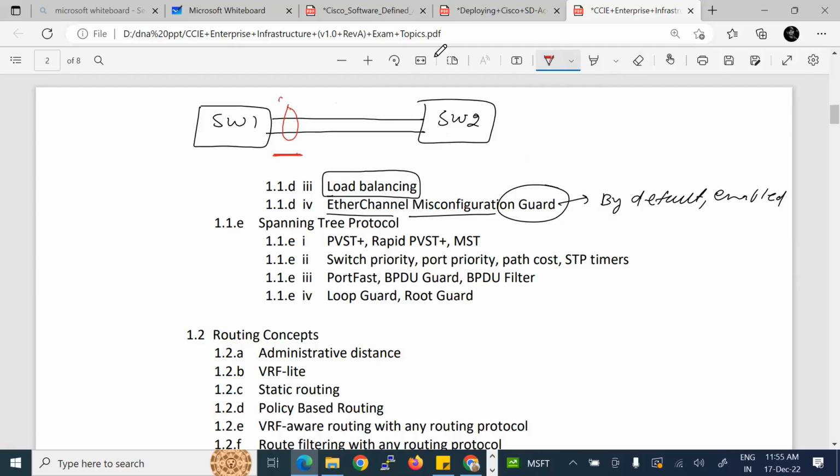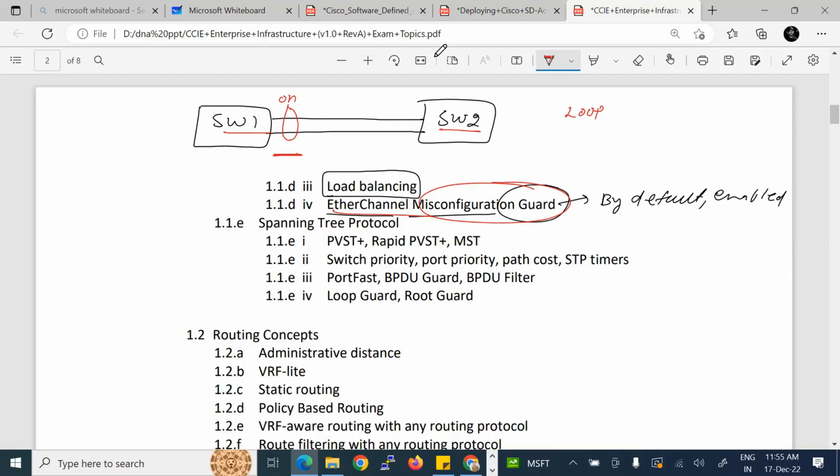But I haven't done the configuration on the switch 2 side. Interfaces of switch 2 are still working as independent links. So this will create a loop in the network because links are bundled from the switch 1 side, but not from the switch 2 side. To detect this situation, we have a feature known as EtherChannel misconfiguration guard.